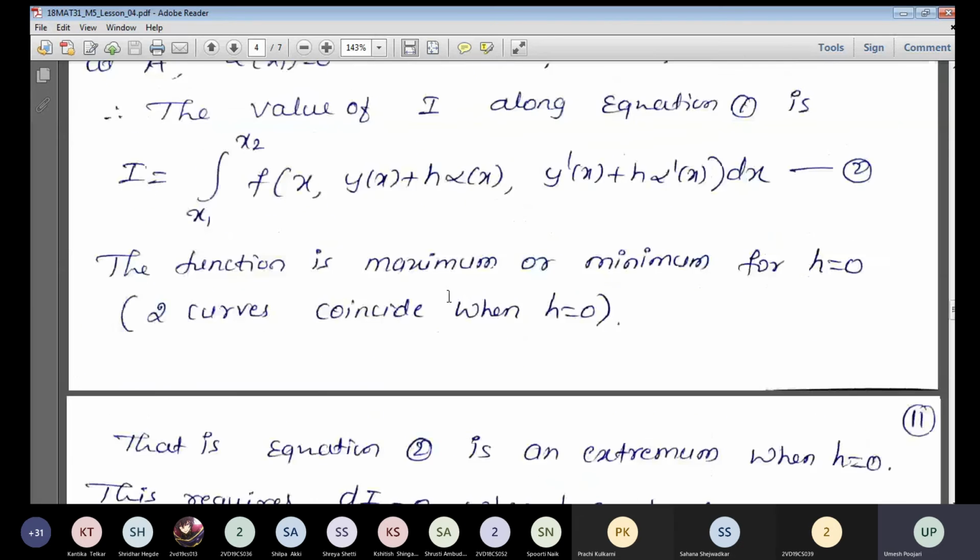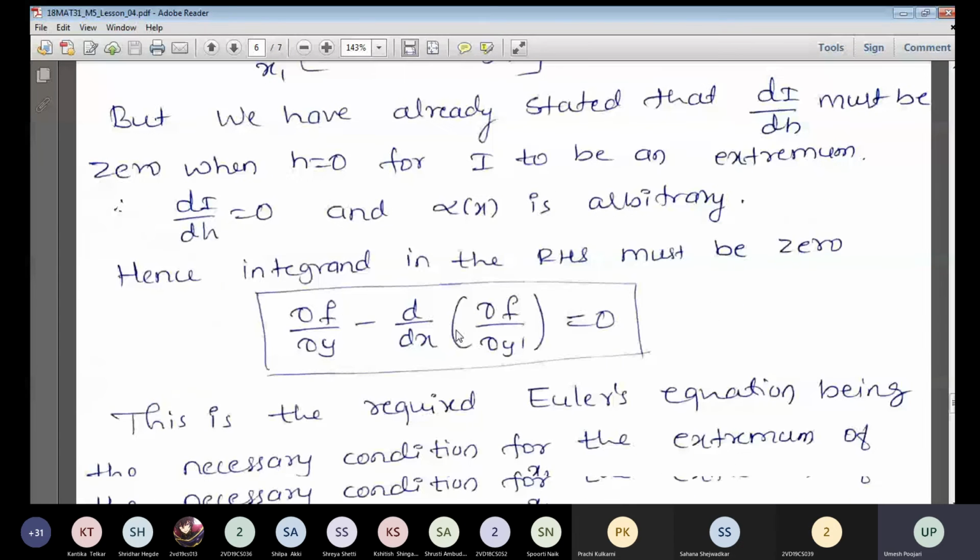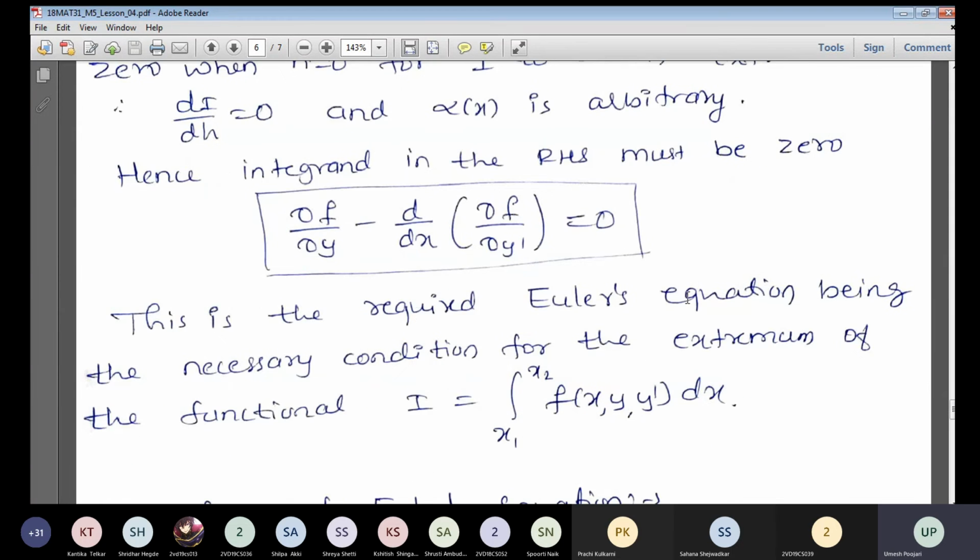Now by using this condition on dI/dh in the LHS, we got ∂f/∂y minus d/dx of ∂f/∂y' equal to 0. So this is the required Euler's equation, being the necessary condition for the extremum of the functional I equal to the integration of f of x, y, y' between x1 and x2.